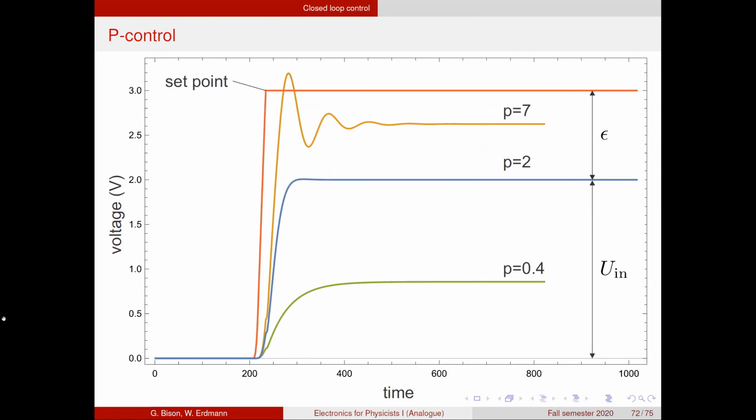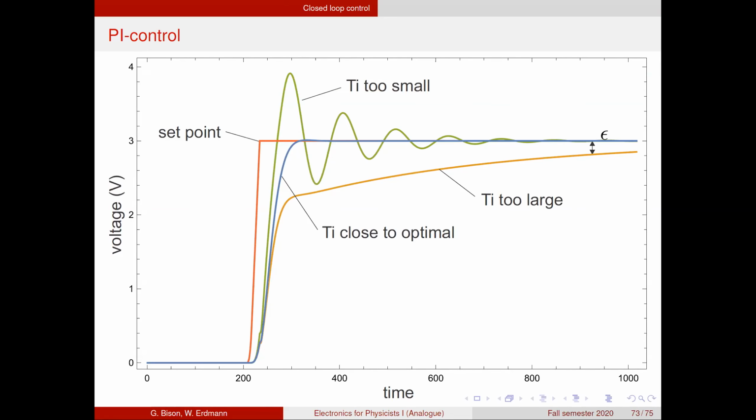So if you look at the blue curve here, oh, sorry, the colors are not the same. If you look at the blue curve here, it looks pretty much exactly the same as the beginning of the orange curve. And then we said, okay, we can choose with the time constant of the integral part how long it takes before the integral part becomes more important than the proportional part.